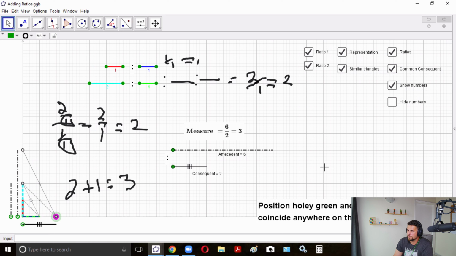Proposition 12 says that if we have 2 over 3, we can say that that's equal to 2 plus 2 over 3 plus 3, right? Yeah, and so on. We can add any proportional ratio. We could add 4 here and 6 here, right?